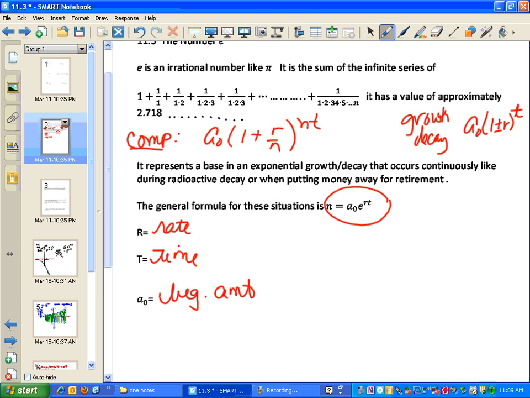And if A sub naught is less than 0, where are we going to fall? Under the asymptote. And if A sub naught is greater than 0, we are above.